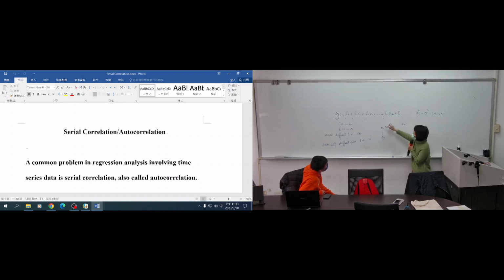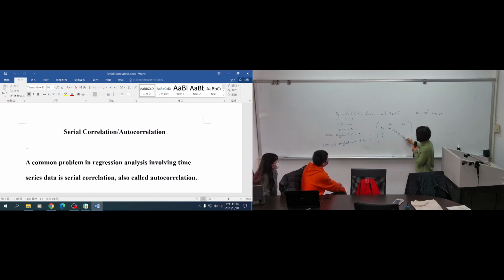So when you look at the matrix, the variance is on the diagonal parts. Those diagonal parts, if they have the same standard deviation, the covariance matrix will be the same. But what about serial correlation?